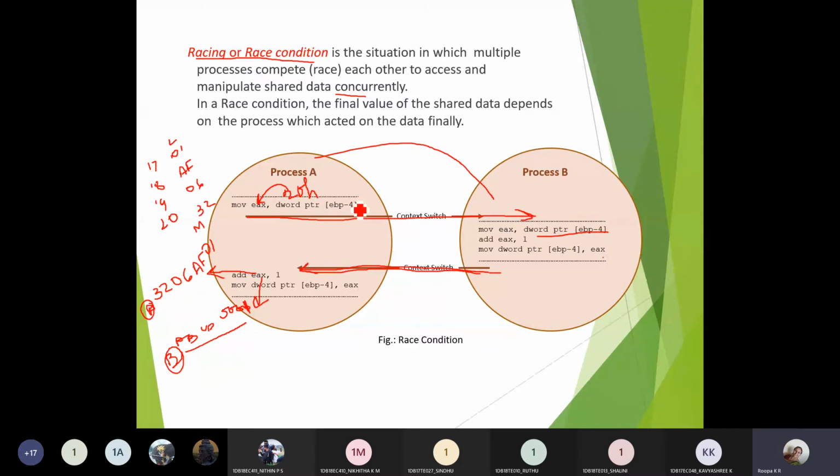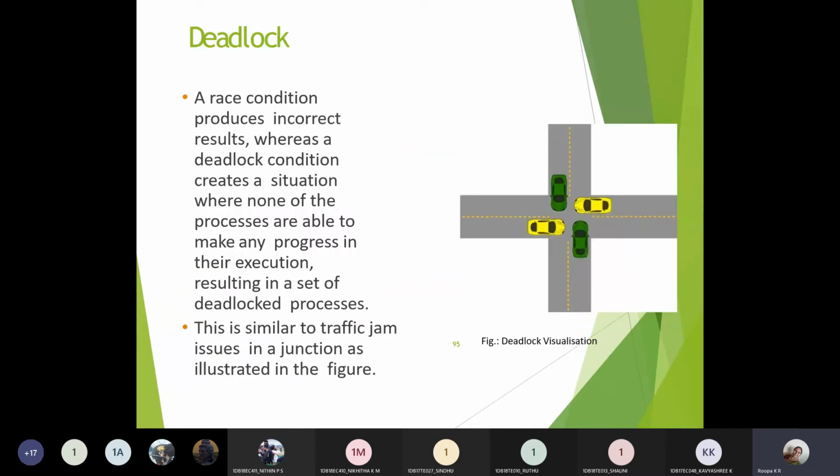According to this condition, whichever data has been manipulated last, that value should be considered by the process. But the actual operation or the actual location which has to be used by the process cannot be taken care of here. So this is about the race around condition, race condition or racing condition.